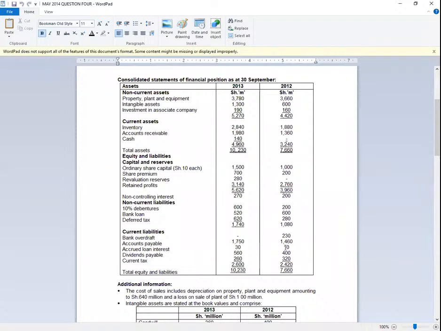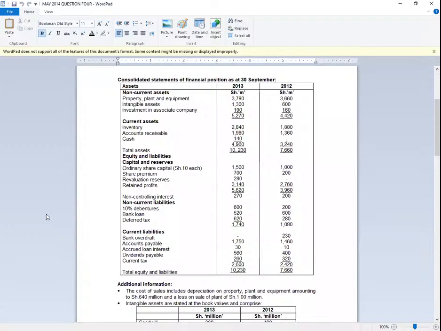So the opening is 1460 minus 1750. So we have here 1460 minus 1750, and then whatever we get, we change the sign.